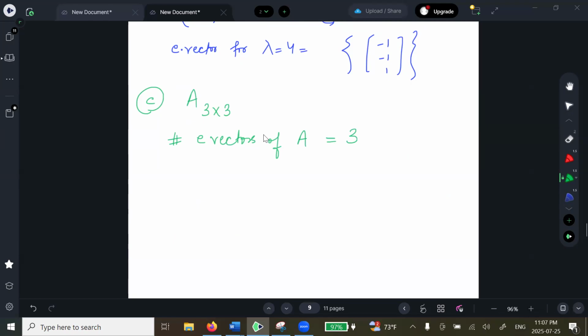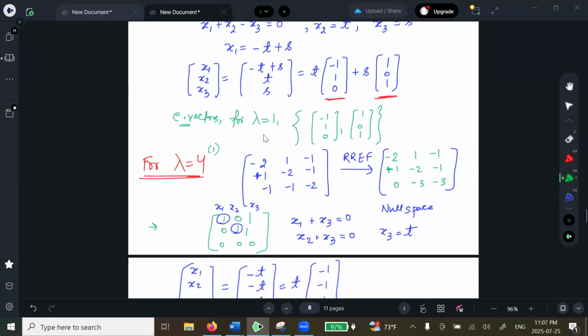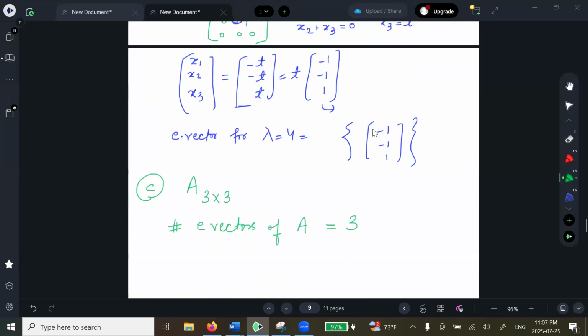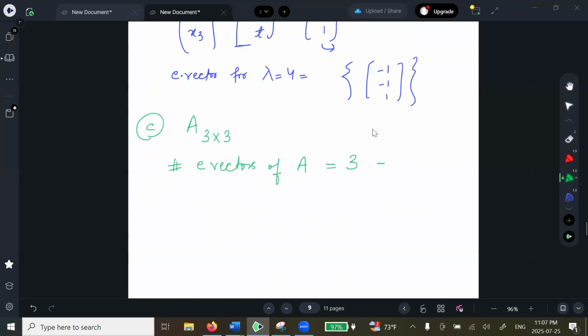Total eigenvectors. I've got 1 for 4 and 2 for 1, which is equal to the size of A, right? Equal to the order of A. Hence, A is diagonalizable.